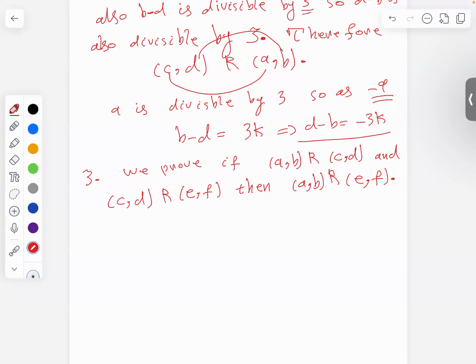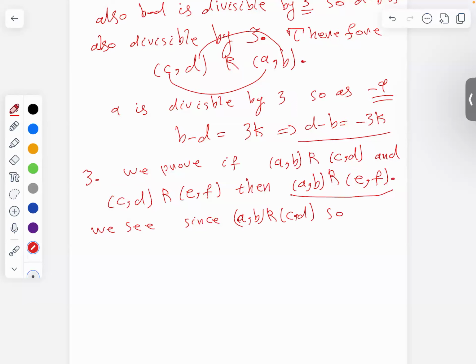To prove this, we see (A, B) relates to (C, D).